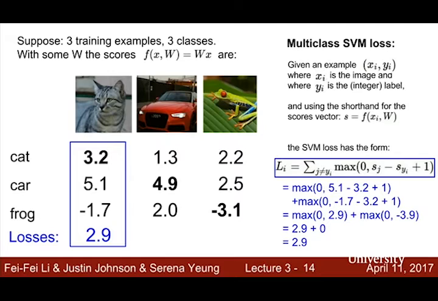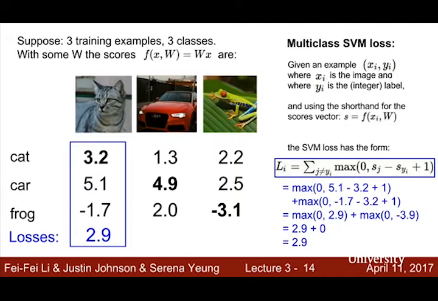For car, we look at the car score, 5.1, minus the cat score, 3.2, plus 1. When we're comparing cat and car, we expect to incur some loss here because the car score is greater than the cat score, which is bad. So for this one class, for this one example, we'll incur a loss of 2.9. Then when we compare the cat score and the frog score, cat is 3.2, frog is minus 1.7.